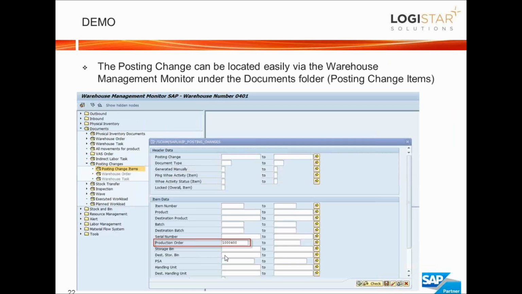But in fact, this demo that was done is actually a process order, so the PI module in ERP was being used. Even though it's referenced in EWM as production order, it can handle both production orders and process orders with no problem.